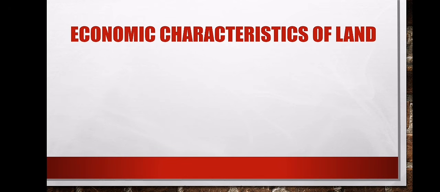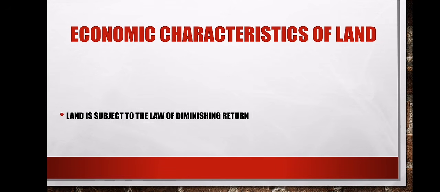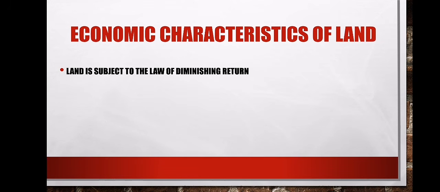I want you to be able to master all of this. One, we talked about land being subject to the law of diminishing return. With this one, most of the time they use fertilizer as an example. They will say an increase in the application of fertilizer is not proportional to the yield.